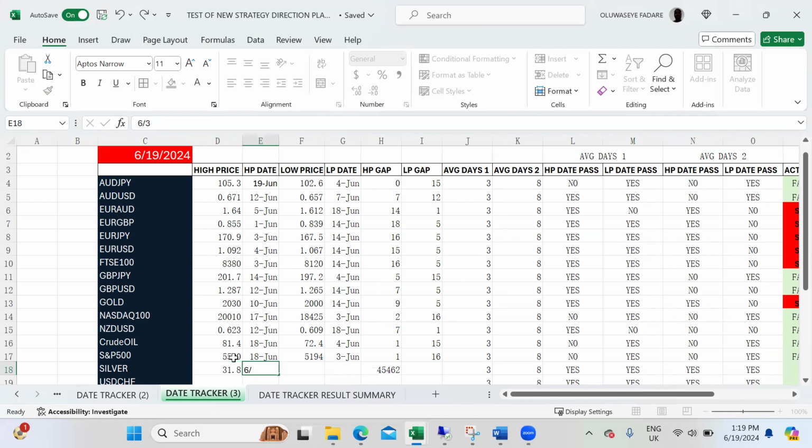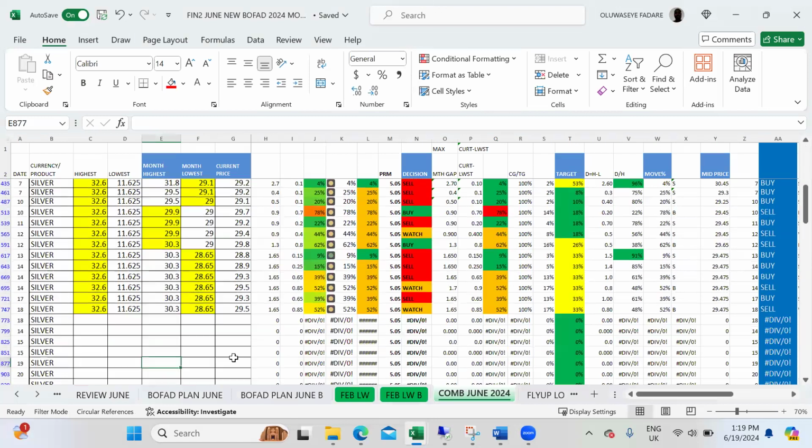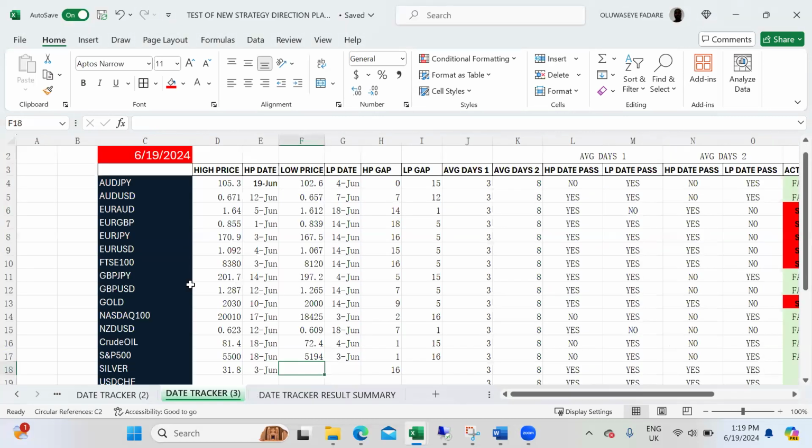So let's look at the date of this lowest price. So the lowest price, 28.65, was achieved on the 13th.